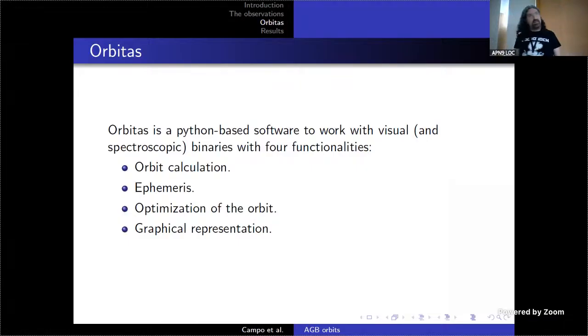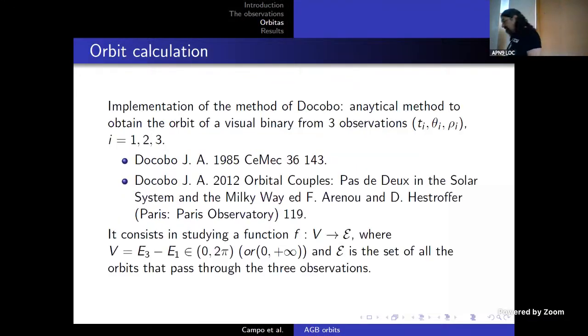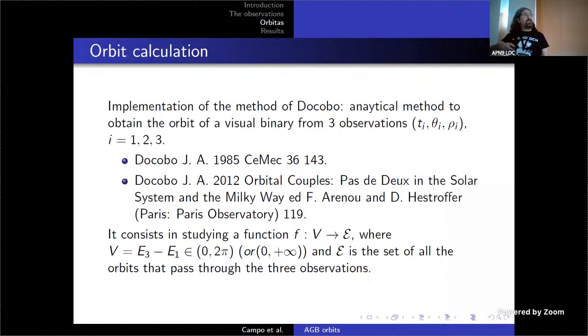The other ones are standard. The method used for the orbit calculation is the method of Tocco, who was my PhD supervisor. It's an analytical method to obtain the orbit of a visual binary using three observations, real or virtual. You can use three points through which you want the orbit to pass. For the determination of the orbit, what we do is study a function.